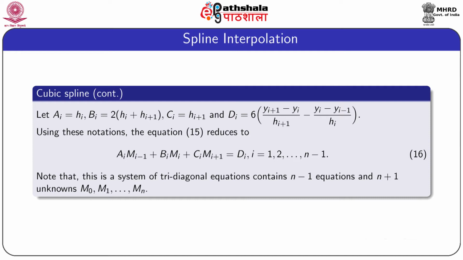That means, we can say that this is a system of tridiagonal equations containing n-1 equations and n+1 unknowns m_0, m_1 up to m_n. So, we have seen that the construction of cubic spline depends on the solution of a system of tridiagonal equations. This contains n+1 unknowns and n-1 equations.